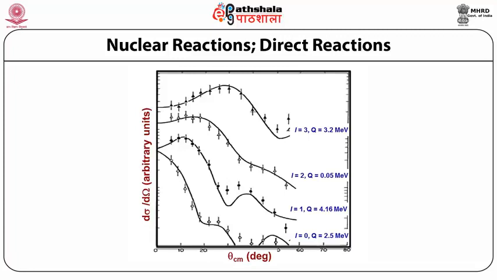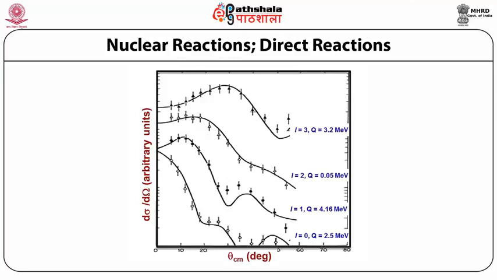Here a picture is shown with the plot of differential cross section in arbitrary units as a function of scattering angle for different angular momentum and Q value. We observe that the differential cross section varies as a function of scattering angle for different orbital angular momentum and Q value.